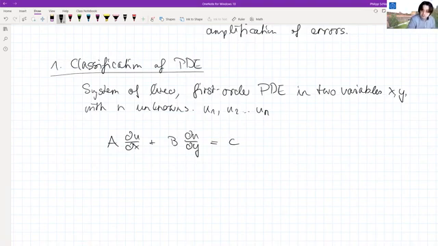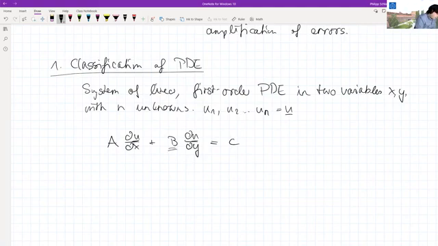So this is kind of the general way how I could write a system of linear first order partial differential equations. Now, of course, here I need to introduce a little bit of notation. I would now write an underline under u if I talk about a vector. So we can say that this is the u vector.